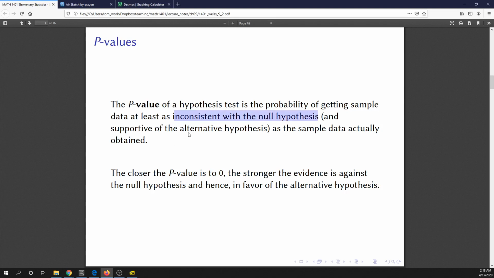And so that means probably that the alternative hypothesis is more likely. And so that p-value represents the probability that you would get a sample like the one that you took, or one that's more inconsistent. So in other words, if I got a p-value of 0.5, that would say that the null hypothesis is probably true.